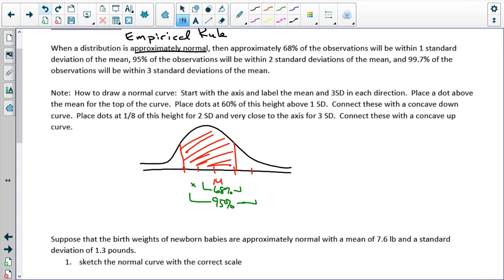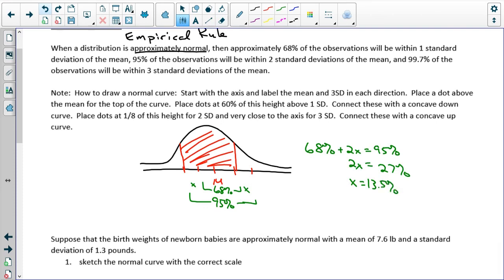So basically, I have to figure out what each of these x's are, and then figure out what this x would be. So I know that 68% plus 2x equals 95%. If I subtract this over, I get 27% equals 2x. So each x is worth 13.5% of the data.